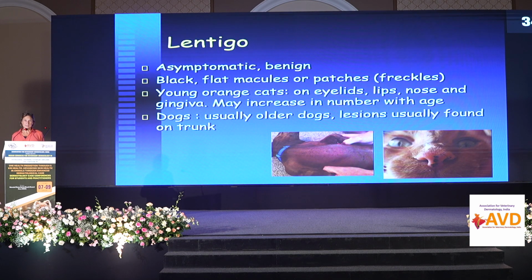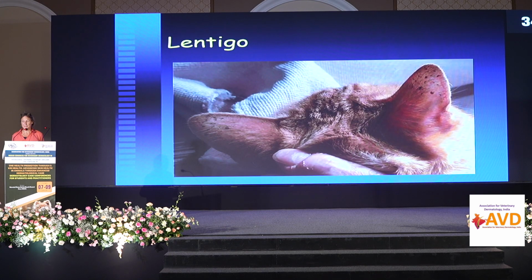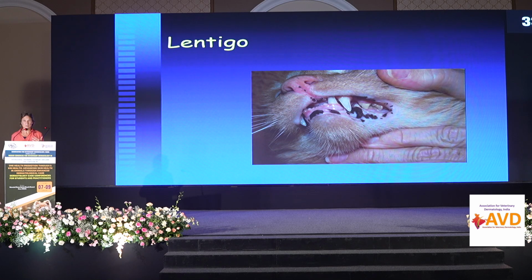Then there are other examples of hyperpigmentation. They're benign. So basically the freckles, right? We saw a dog yesterday that had lentigo, and so older dogs tend to get all these darker spots, just like people, and it's visible where they have less hair. You can also have this in orange cats, that they get it on their nose, and they may get it on the tip of the ears, and on the lips.